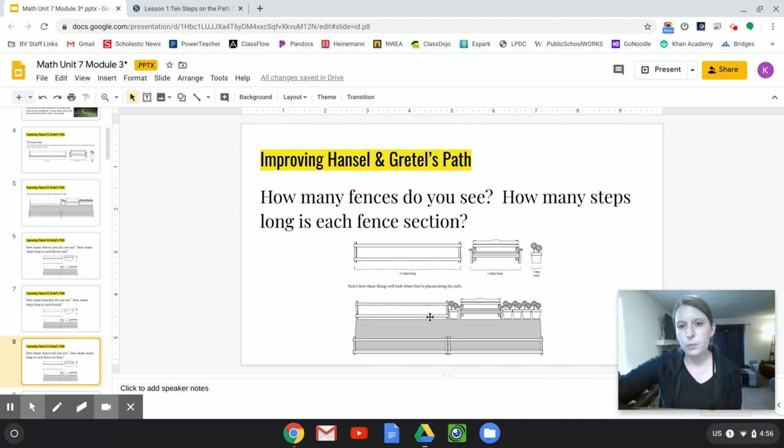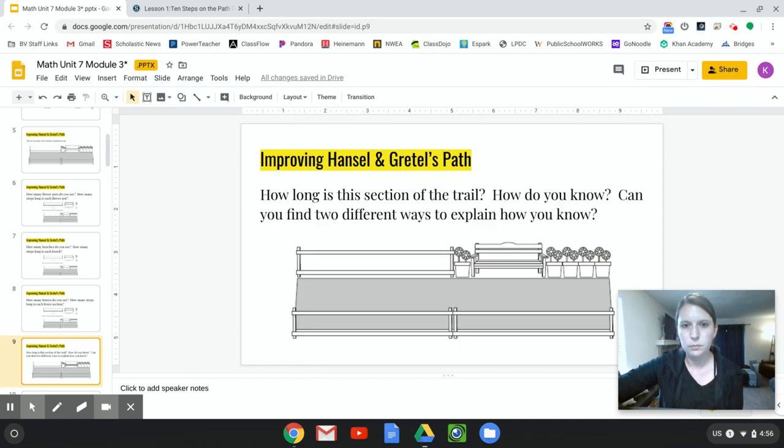We already did this section over here. Now the first section is just 1 fence. And 1 fence is how many steps? 10. So if I wanted to know how long this whole section is, you need to think fence, flower pot, bench, 4 more flower pots.